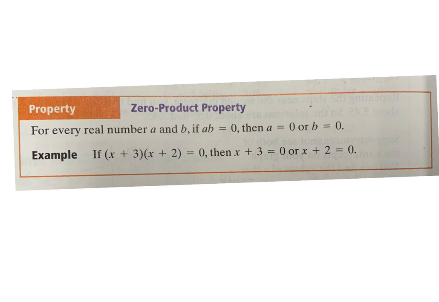So if you look down at the bottom, or middle of that page, you see this property called the zero product property. Basically, it says if you multiply two numbers and get 0, then one of them absolutely has to be 0. And that makes perfect sense, right? You cannot name any two numbers that multiply to get 0 if one of them is not 0, right? If you multiply any other two numbers, you're going to get a number other than 0.